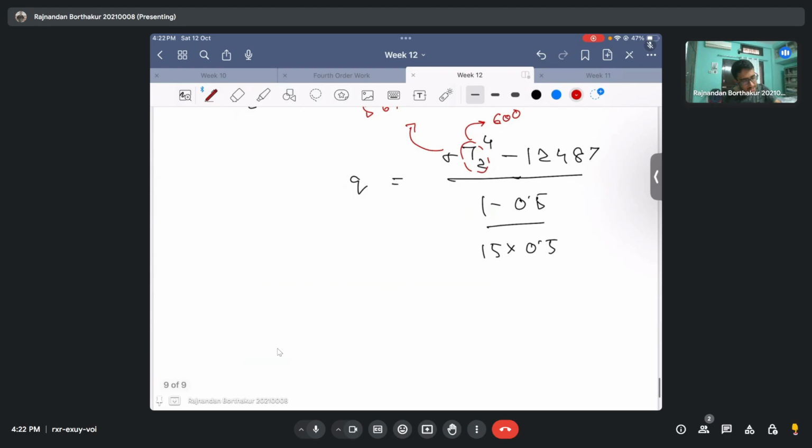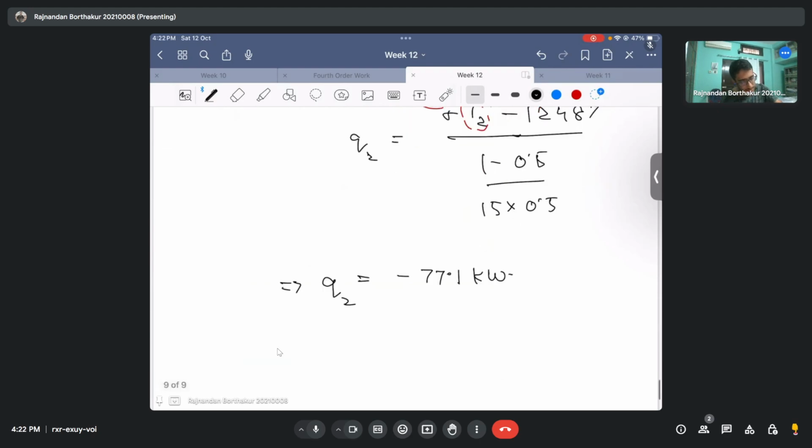If you just do this math, you will get Q, that is basically Q2, the net radiation exchange from surface 2, to be around 77.1 kilowatt with the answer that I have. Now there is a minus sign, and that is obvious, because surface 2 is at a lower temperature, which means the radiation is not leaving surface 2. The net radiation is actually entering surface 2.